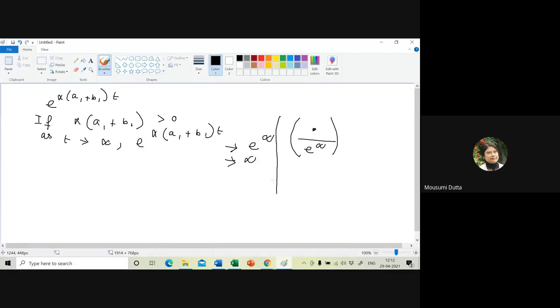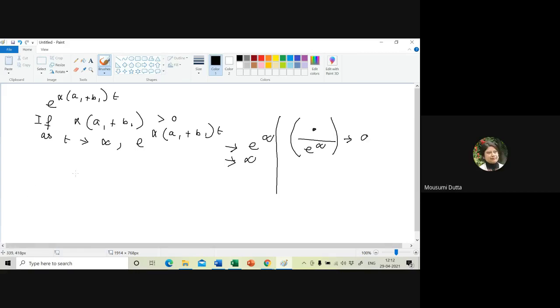Is it right? So you are getting something divided by e to the power infinity. So is this value moving towards 0?